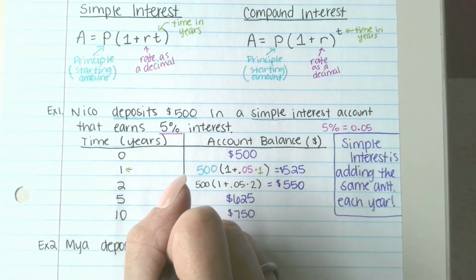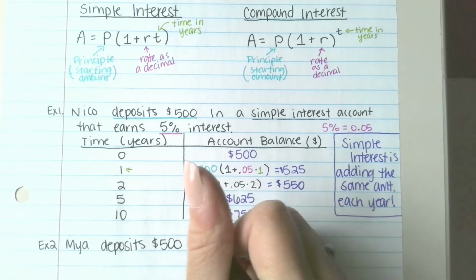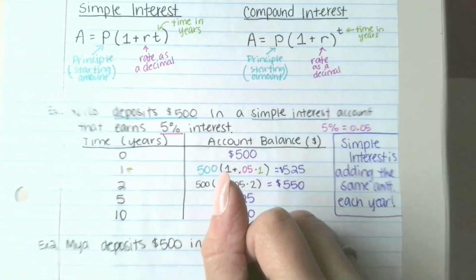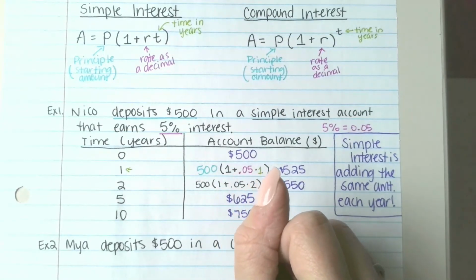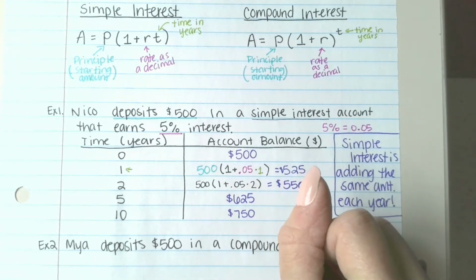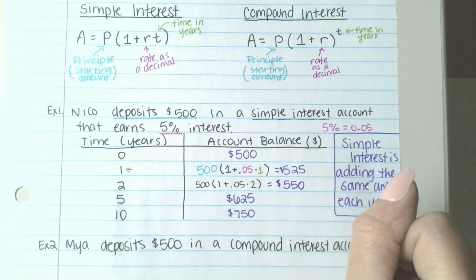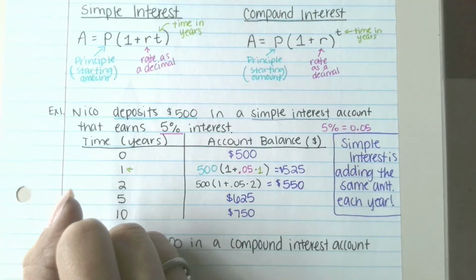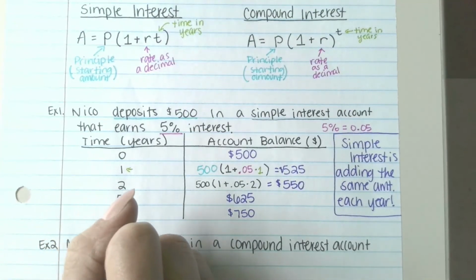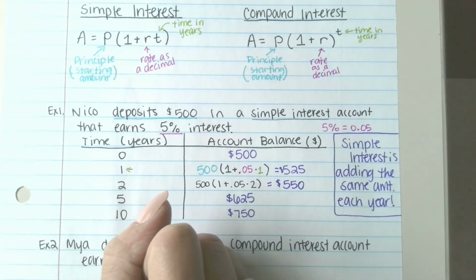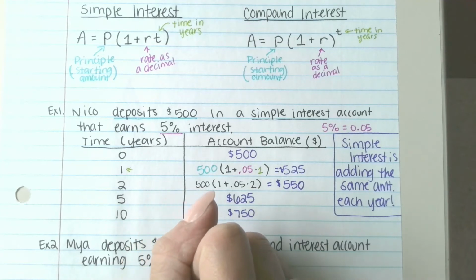So we're going to have Maya, who is also depositing $500, but she's doing it in a compound interest account. And her account is earning 5% interest annually.